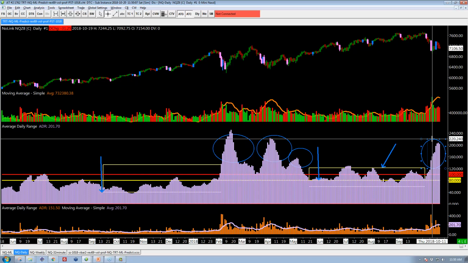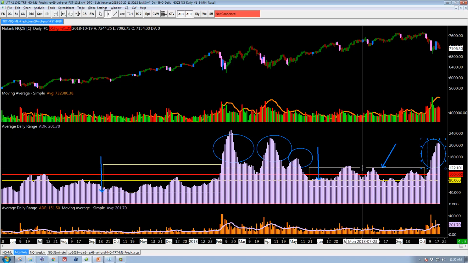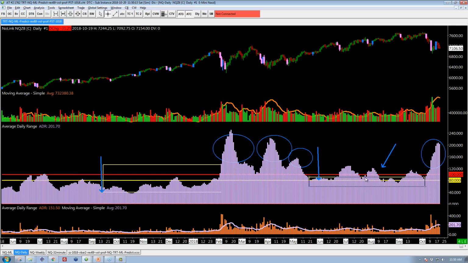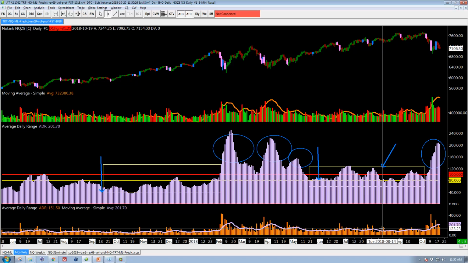In fact, it might be more meaningful to limit the test to days where either the average daily range is less than this amount or the daily range itself is less than some amount. So come down to here and draw a line. From a testing perspective, don't run your test on days where the range is greater than a certain number. That's a way to eliminate those noisy days.